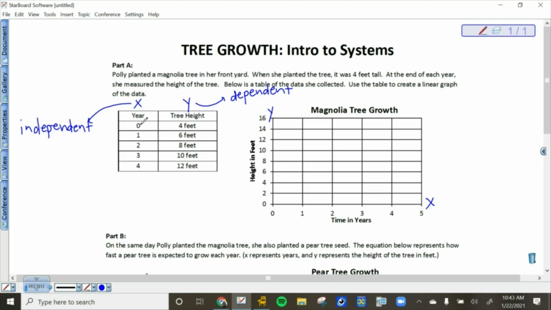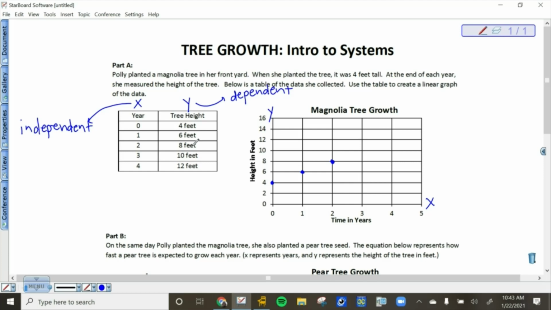So this first point here is at 0, 4. So 0 on the x-axis and then up to 4 on the y-axis. Then when year is 1, tree height is 6. So my point is 1, 6. I go over 1, up to 6. Year 2, my tree is 8 feet, so my point is 2, 8.